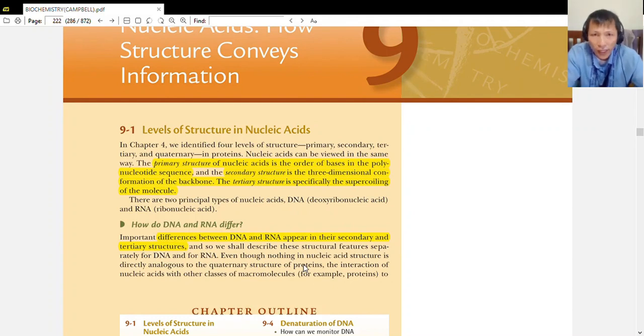So RNA is more basic than DNA. So RNA appears in the secondary and tertiary structures. It only talks about the secondary because you have to have the three-dimensional contortions and, of course, the supercoiling for you to talk about the DNA and the RNA.